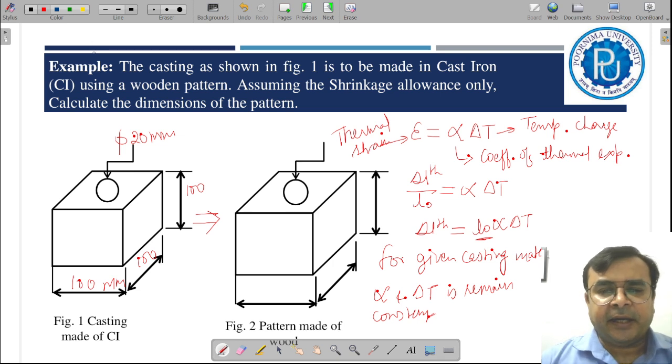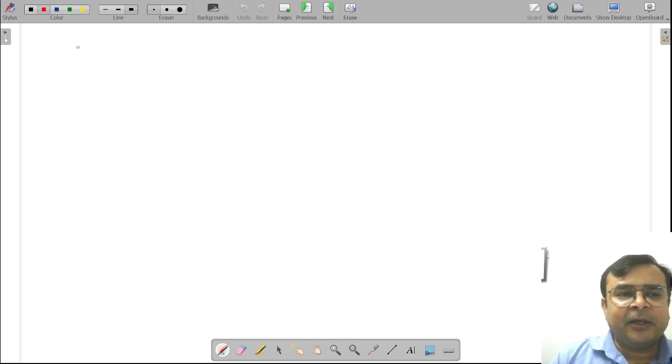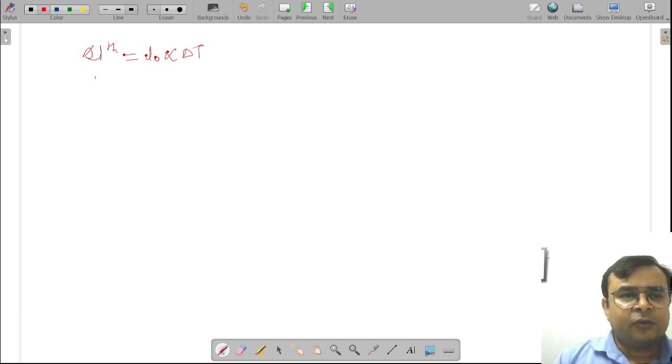So that's why this contraction is represented by contraction per unit length. Because I already told you delta L thermal is L naught alpha delta T, and since alpha and delta T are constant, delta L thermal completely depends upon L naught.